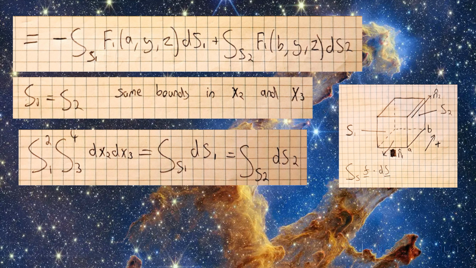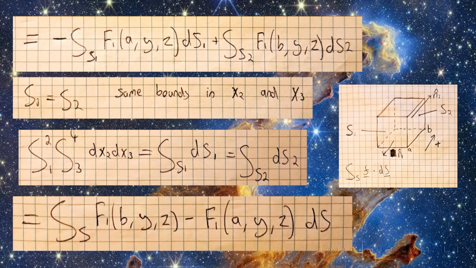So S1 is equal to S2. So we can bring both of these expressions under one integral of just S, the surface here. And we're going to have F1 evaluated at B minus F1 evaluated at A.